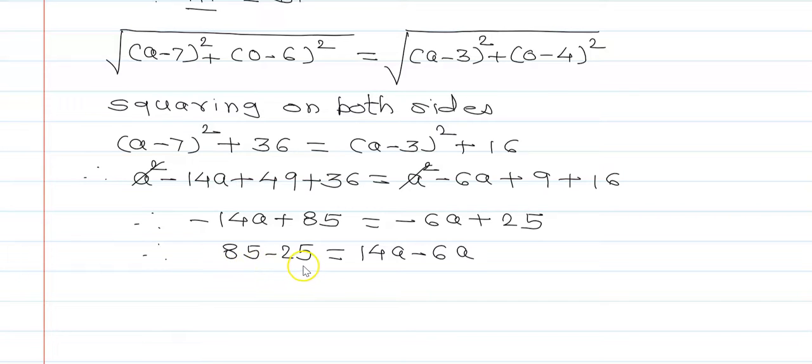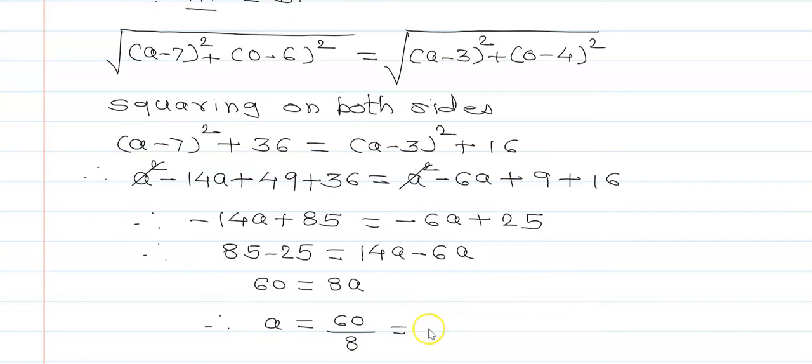But 85 minus 25 gives 60, and 14a minus 6a gives 8a, and therefore a is equal to 60 upon 8.